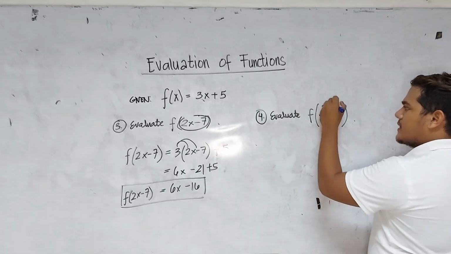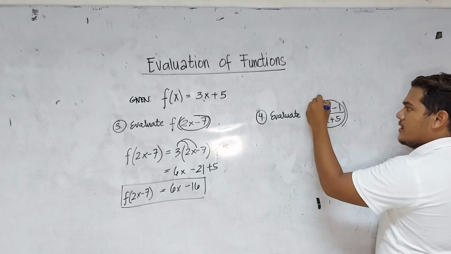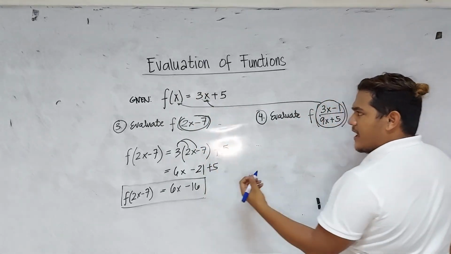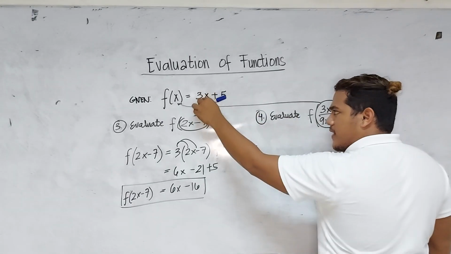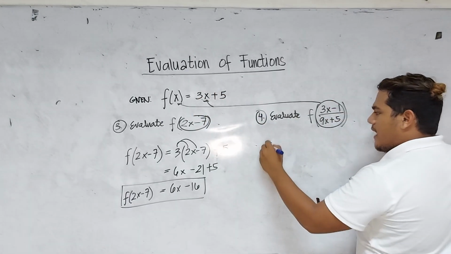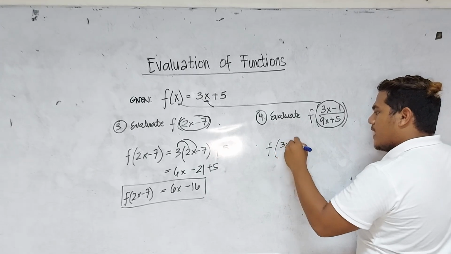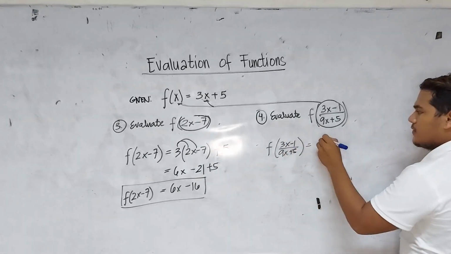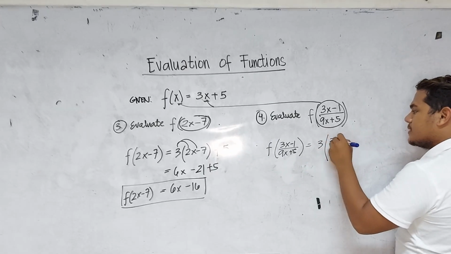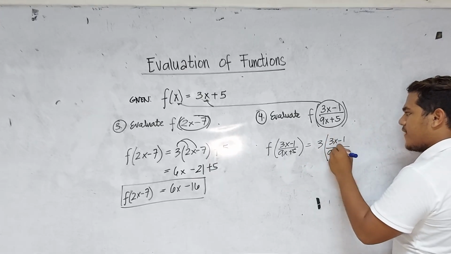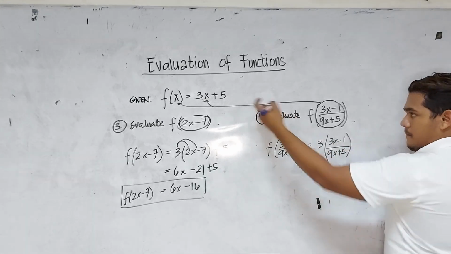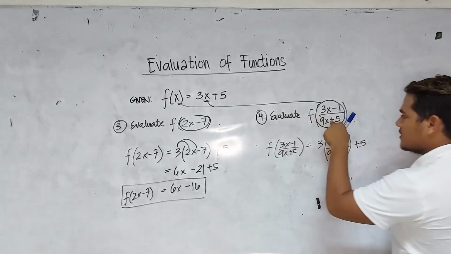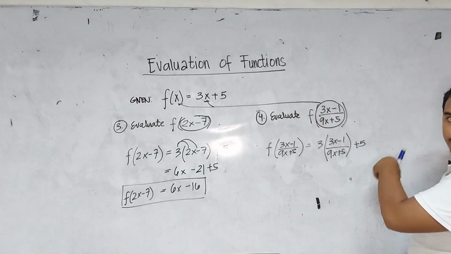All of these values, you put into all the x's. How many x's are there? Just one x. This becomes f of 3x minus 1 over 9x plus 5 is equal to 3 times 3x minus 1 over 9x plus 5, plus 5. Let's continue.